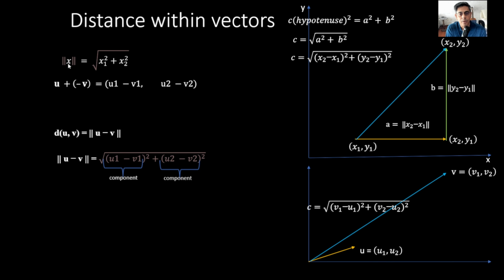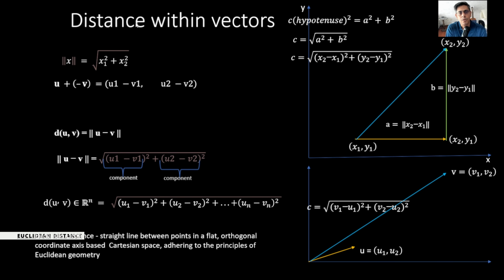So by combining these two methods, the norm formula and the vector difference or additive inverse formula, we get the length of the vector u minus v, which is nothing but the distance, right? This also applies to n dimensions, which we have written here.